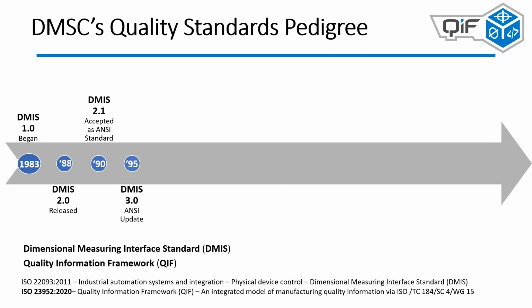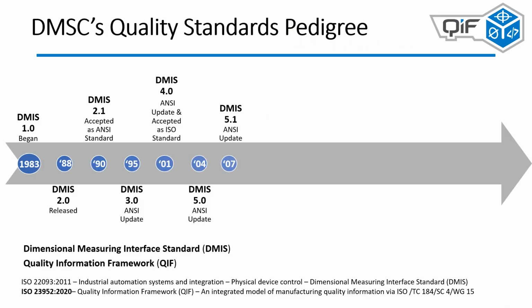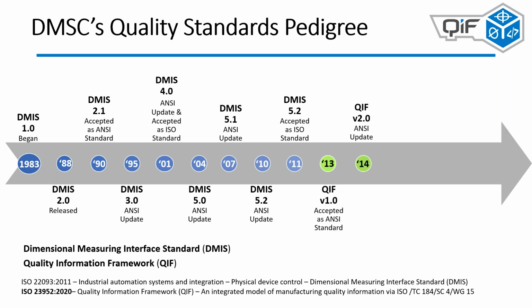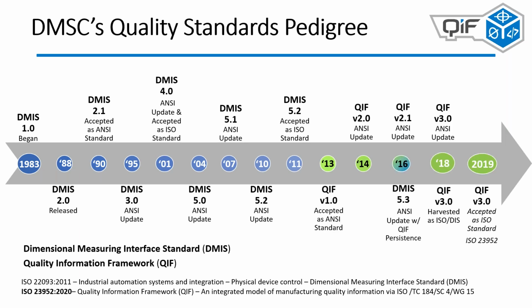So DMSC has been around. We've been involved with quality standards for a good while. This is an interesting slide that tells you our pedigree, where we started with DMIS 1.0 in 1983. Our first ANSI standard was in 1990 with DMIS 2.1.